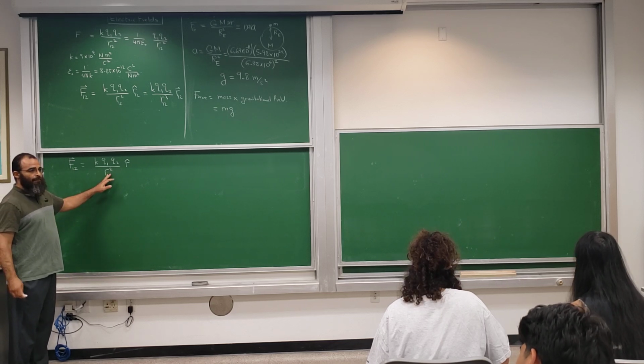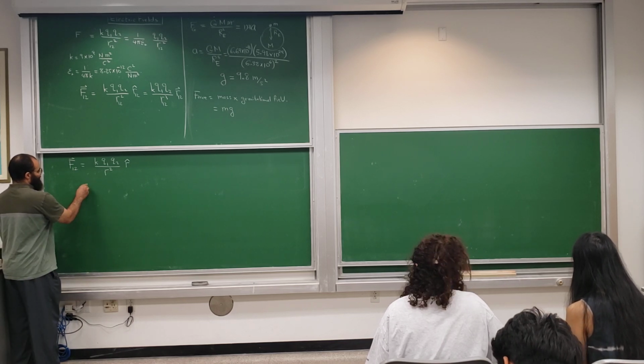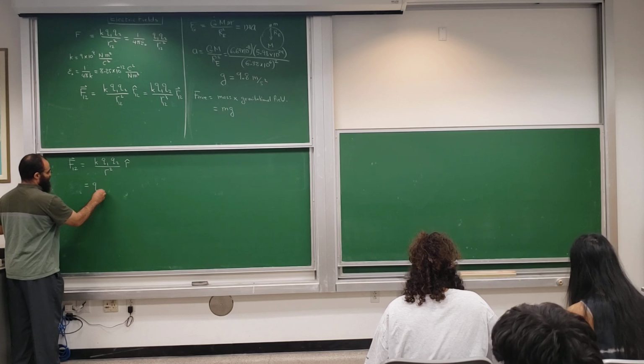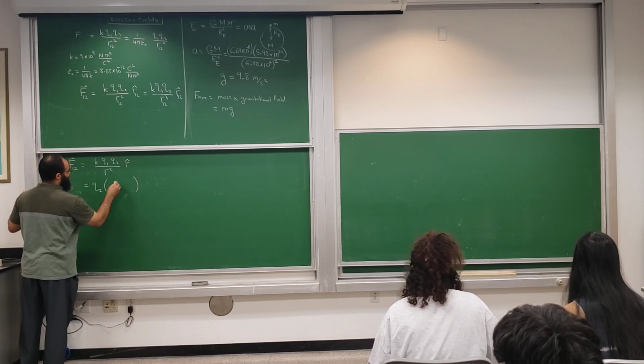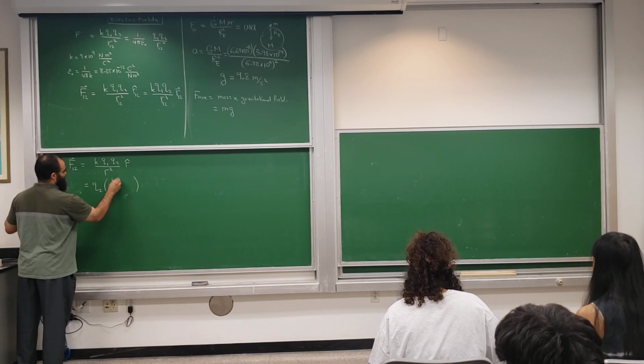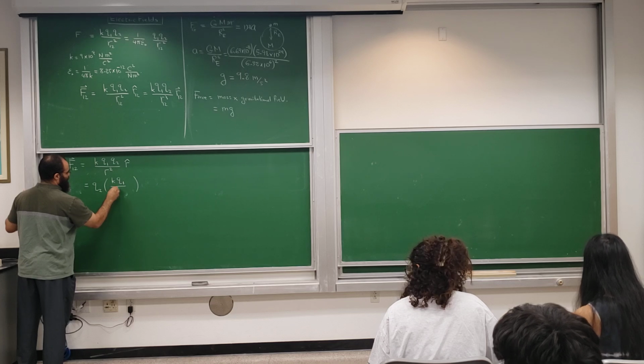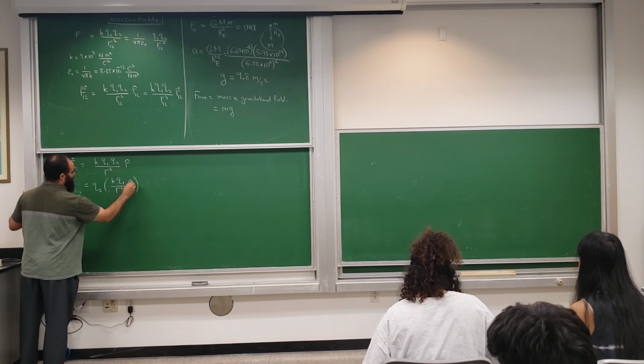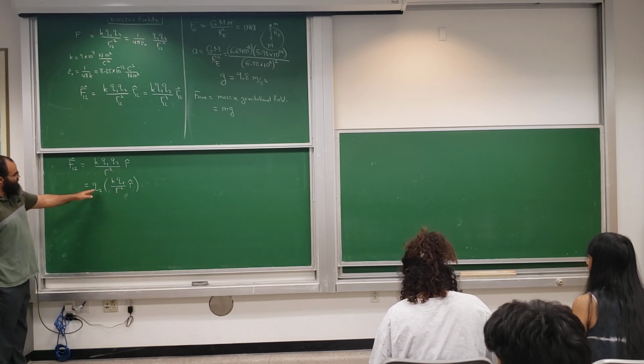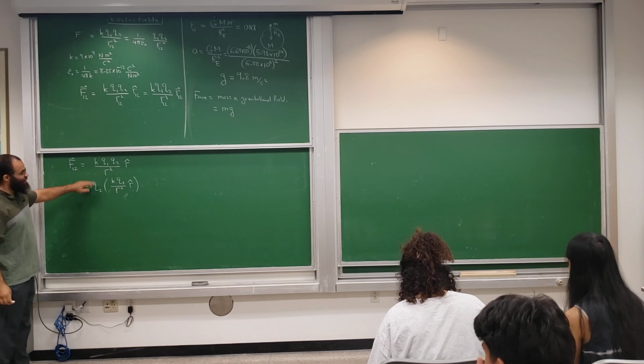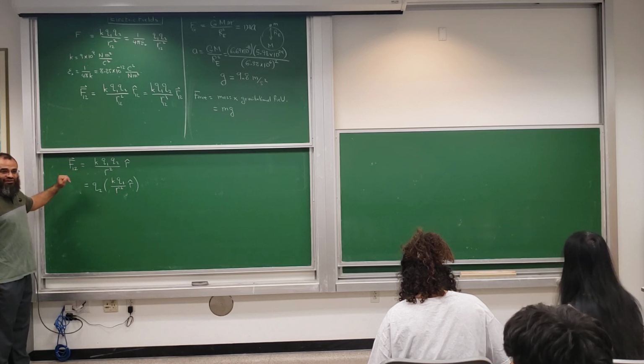Clear? Now I can rewrite this by putting Q2 times everything else, which is k Q1 over r squared, and then r hat. What's the difference between this and this? No difference, it's the same thing.